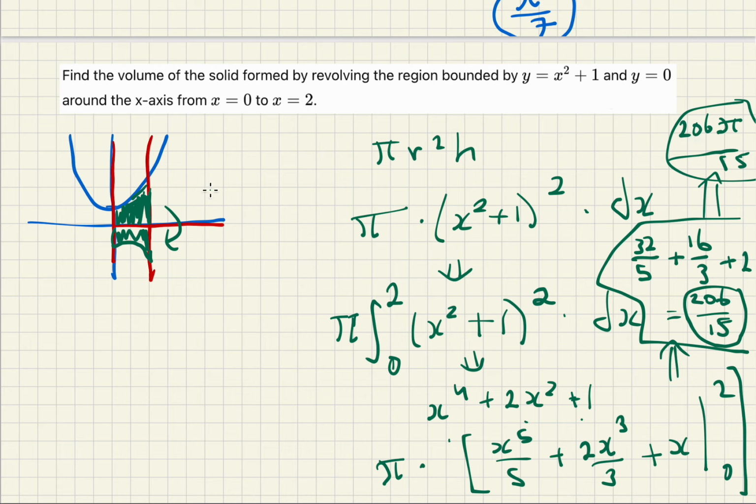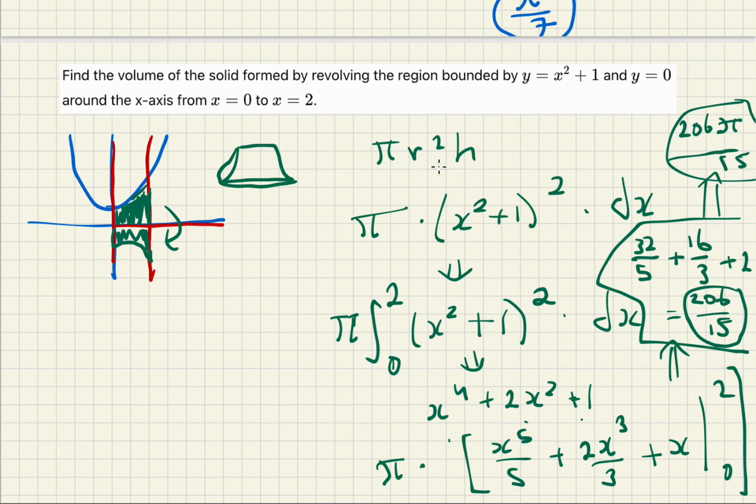Finding the volume of a revolution using the disk method is not hard once you understand how to complete it. The first step is obviously visualizing the solid. This is always going to be a 3D solid. In this case, it looks something like this. You need to visualize that 3D solid, and keep in mind that it's usually going to be a cylinder, because if you rotate this around the x-axis, it has a circular base and top.